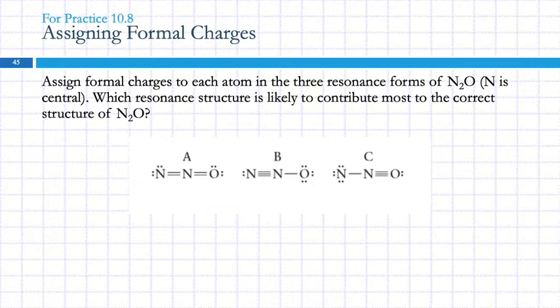My children all have dark brown eyes and dark brown hair, right? I do not. So they look more like their father. He contributed more to the correct structure. So that's what we're looking at here. Which one of these is going to contribute more? And we can look at formal charges to figure that out.